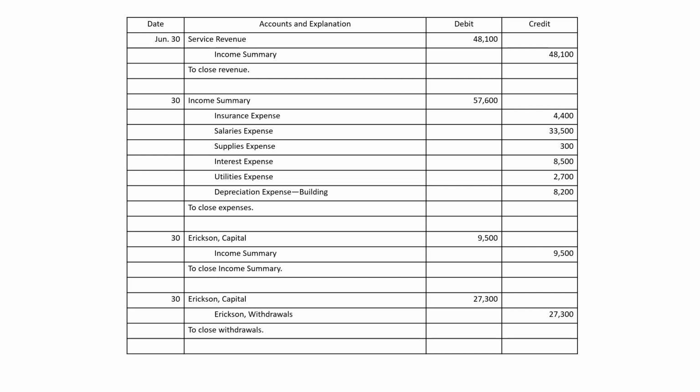In the third journal entry, we reset the income summary account to 0. So currently its debits are $57,600. Its credits are $48,100. The only way to get this account to 0 is to credit it for $9,500. You do the opposite to the capital account.